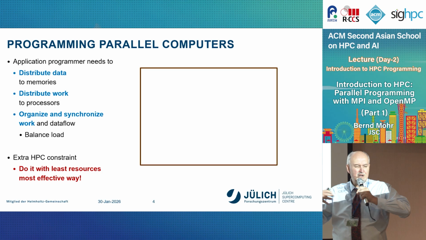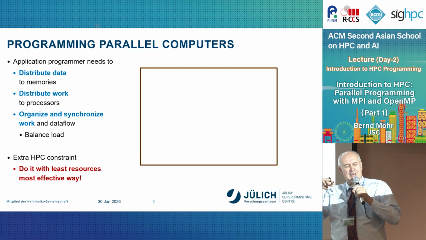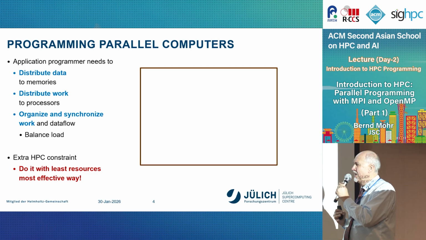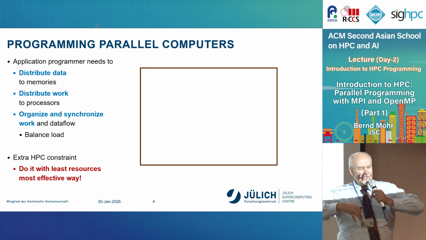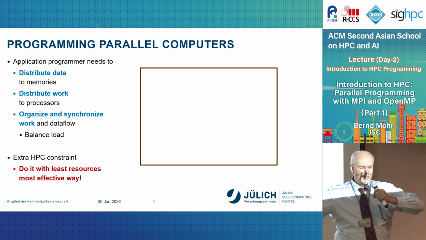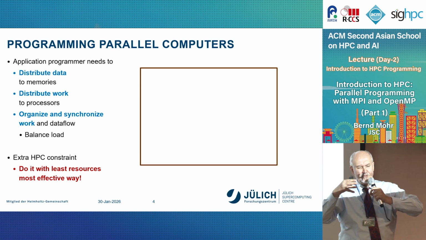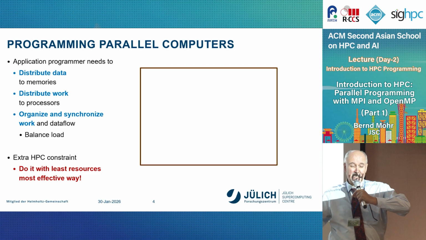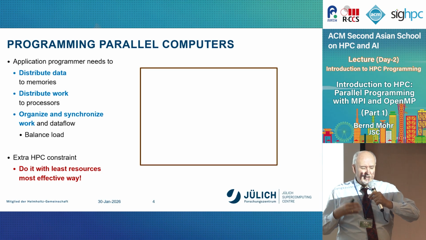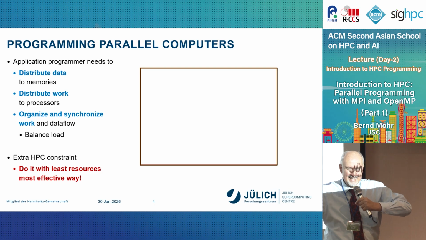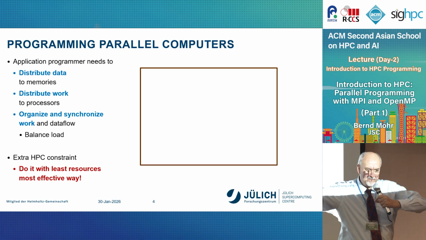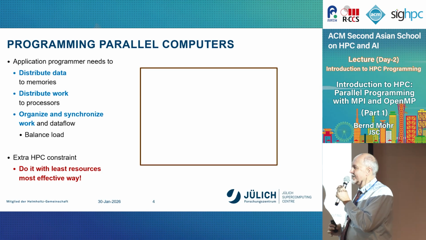You have to write it in your program, and I will show you how this is done. Then the calculations in our algorithms, we call it work. We also have to do a work distribution, so the different processors work on different portions of the data. Because if everyone is doing the same, we're just doing it 10 times and we're not getting any faster. So you have to split it up so the different processors work on different things.